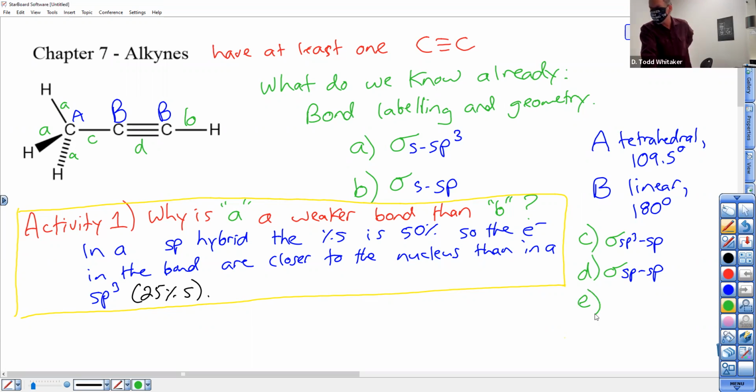Pi is for dessert when we're doing bond types, and we do it at the end because they form at the end. So one of the pis, we'll call it E, and the other pi we'll call F, because they can't be the same orbitals making 2 different bonds. So you got to label, hey, it's the second bond, so you don't call it sigma. What do you call it?